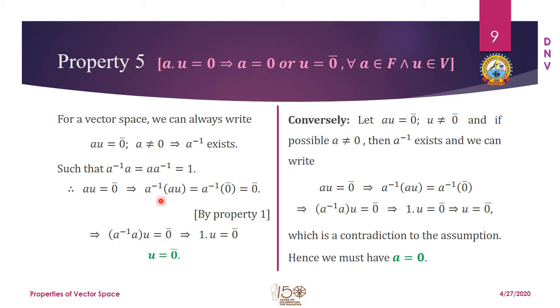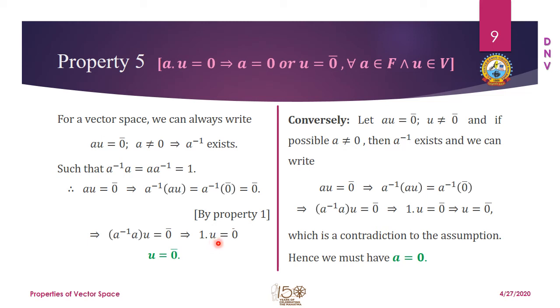On the left hand side, I can use the associative property of the vector space, where I can write (a inverse a) together with u equal to 0. So this implies that 1 into u equals 0 because it is the property of the field. So 1 into u is again u, and u is equal to the zero vector.